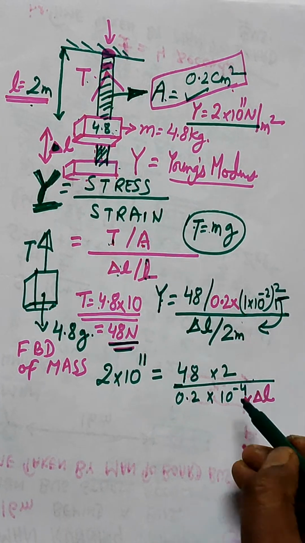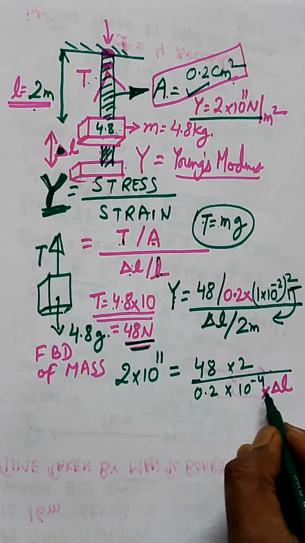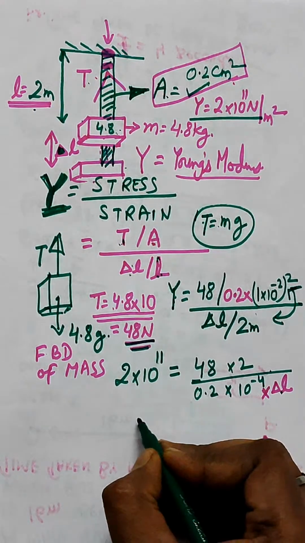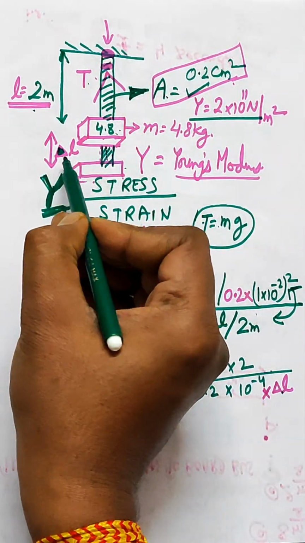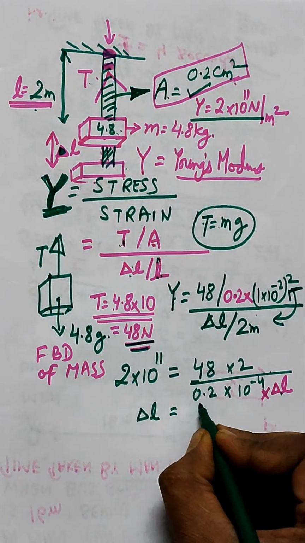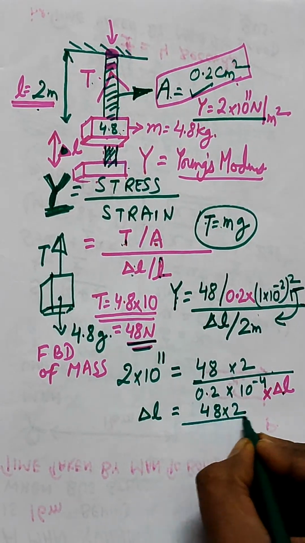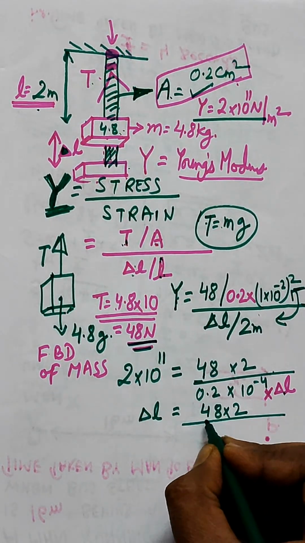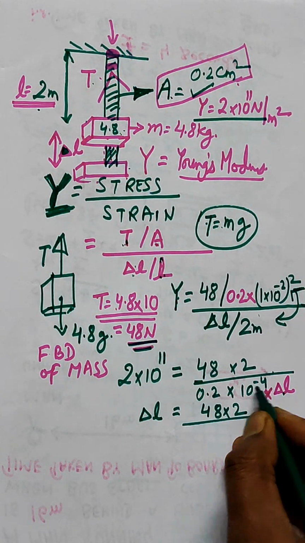Now, just do the calculations. So bring delta L to the LHS. So we get delta L, that is this elongation of the wire, as 48 into 2 by 0.2. So just replace this decimal. So this will be 10 to the power minus 5.